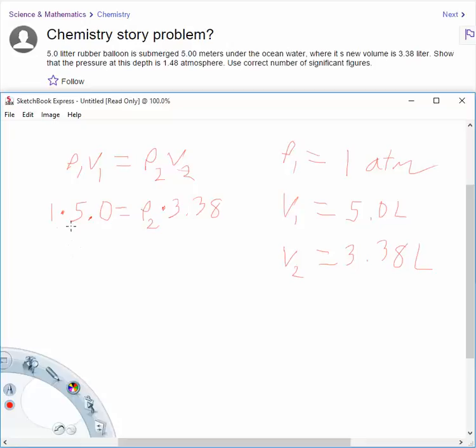Alright, so 1 times 5 is 5.0, and we're going to divide by 3.38. When you're dividing, you see this only has 2 significant figures, so our answer is only going to have 2 significant figures, so equals P2.